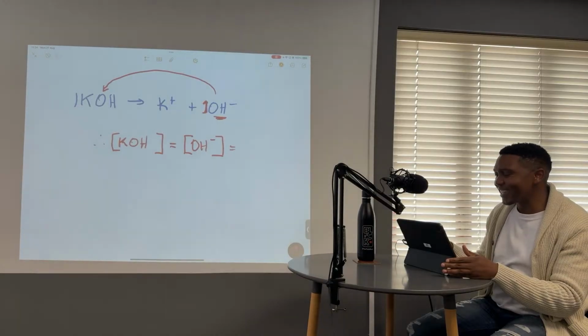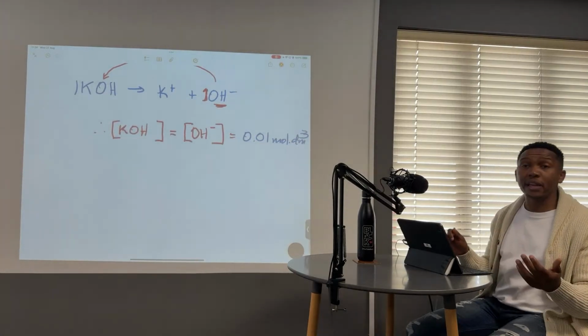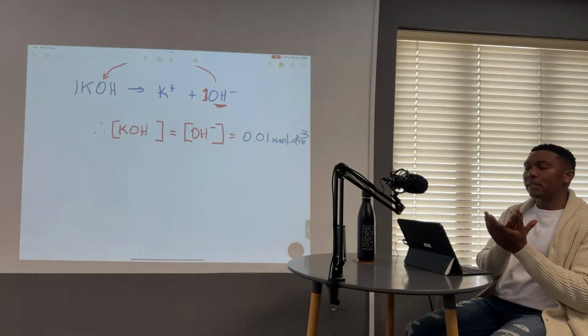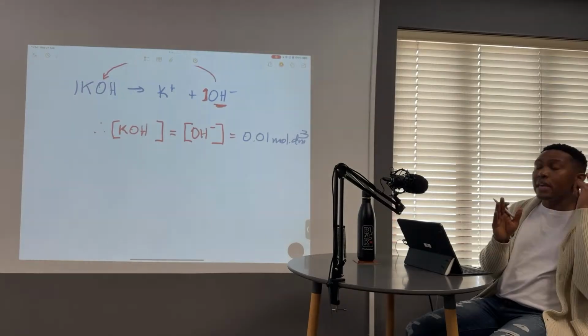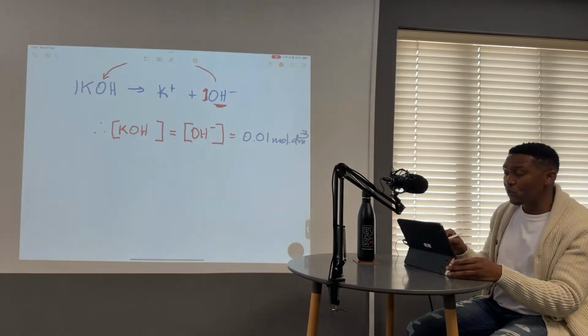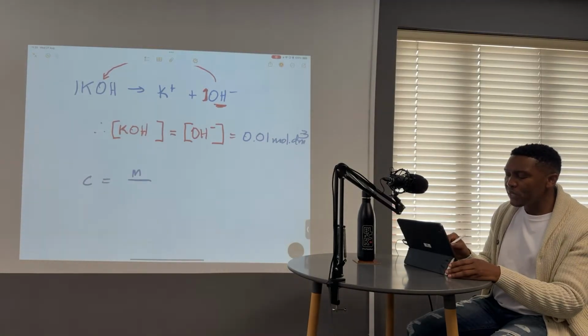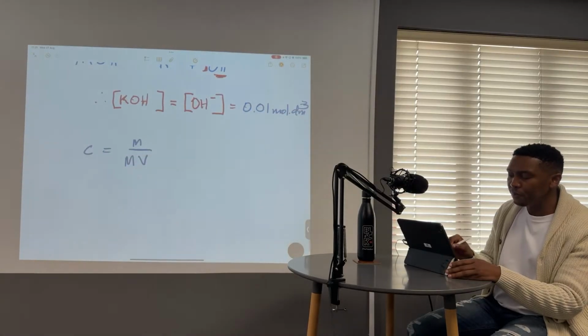So we've got 0.01. So that would be the concentration of our hydroxide ions, right? But we knew that this is the same as the concentration of potassium hydroxide because of the 1:1 ratio. Now we can use concentration as mass divided by molar mass times volume.